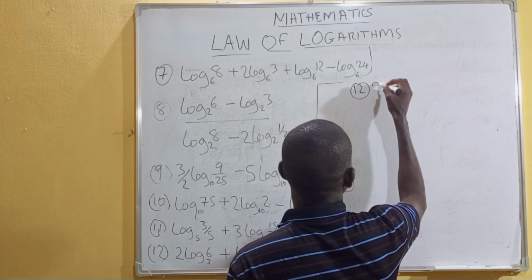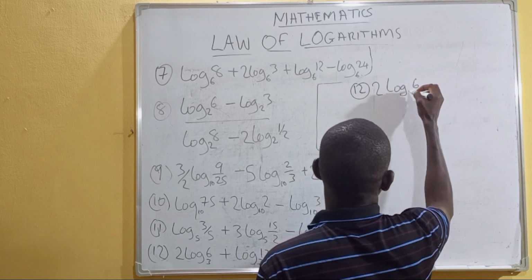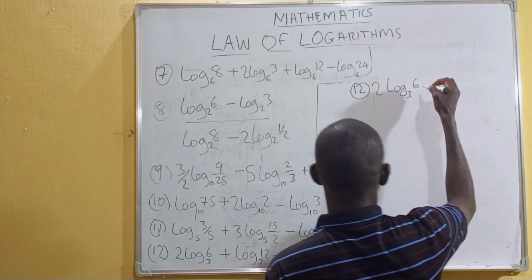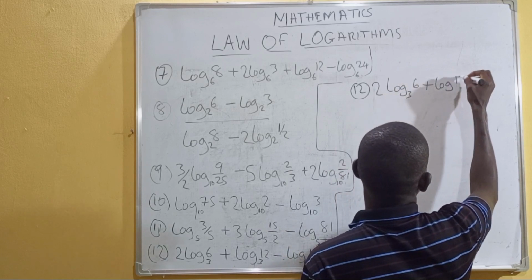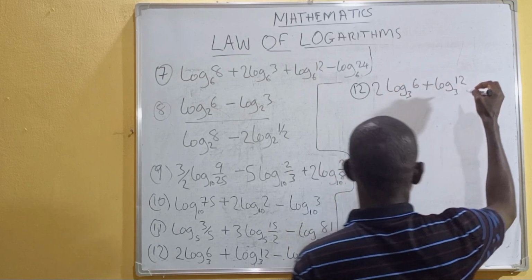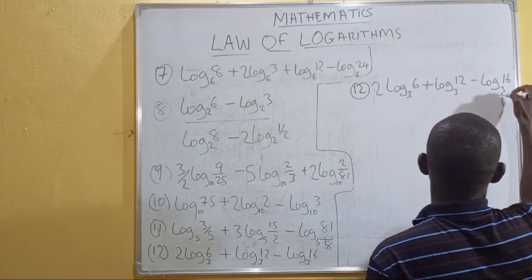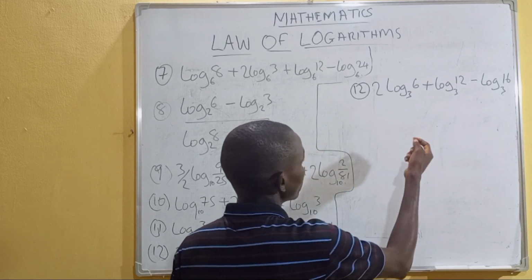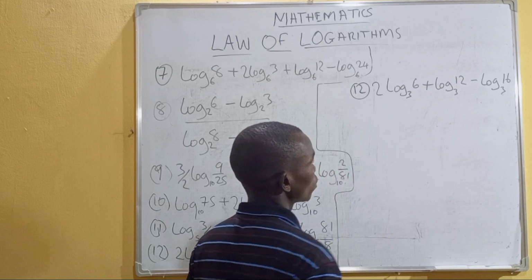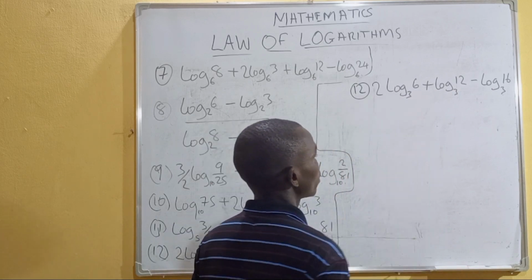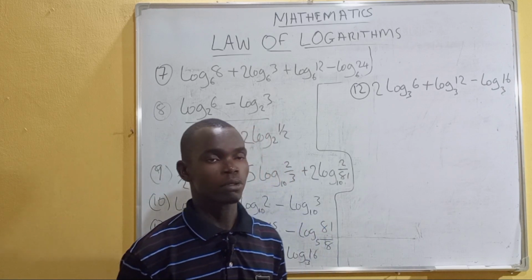We have 2 log of 6 base 3 plus log of 12 base 3 minus log of 16 base 3. If you look at this, you cannot simplify this to have the same number. So we reverse this power law and use the addition and subtraction law of logarithm.